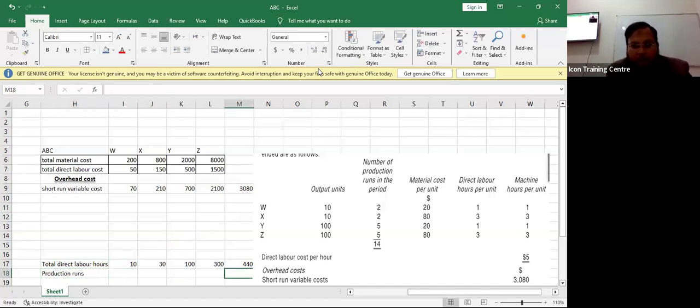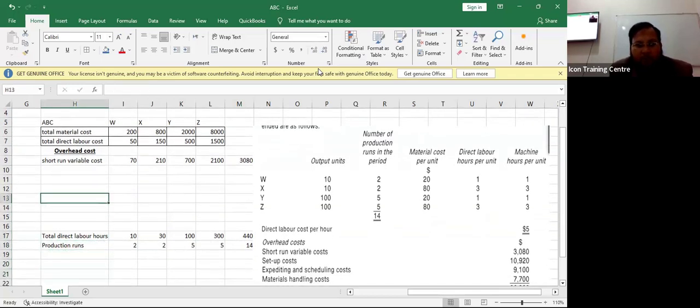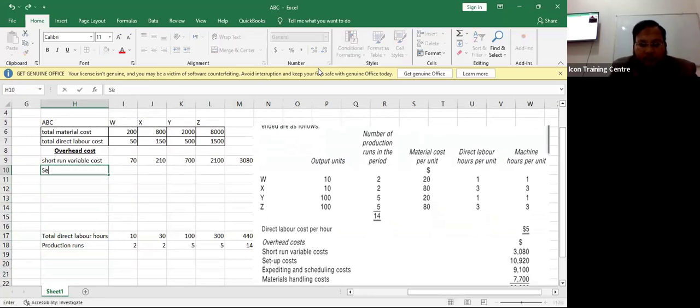So if we talk about production runs, how many production runs are there in total? 14. And for W, we have to run twice, for X twice, for Y 5, and for Z 5. Now, what is the relevant cost? First of all, we have setup cost. How much is the setup cost? 10920, right?